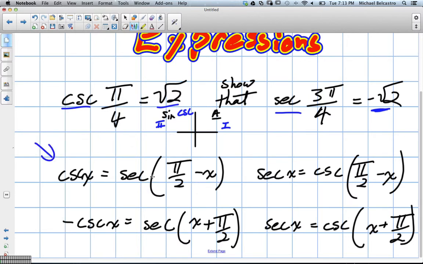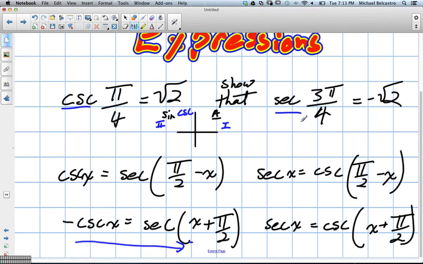And we're going to prove it algebraically. These top two formulas relate more to quadrant 1. We're taking 90 degrees and subtracting some angle from it to get an equivalent of our cosecant and secant. But we're not in quadrant 1; in this specific one, we're in quadrant 2. So in quadrant 2, we have negative cosecant x equal to this formula and this one.